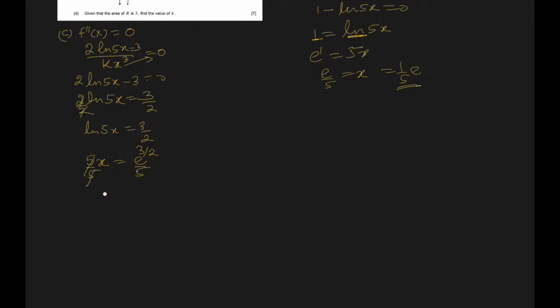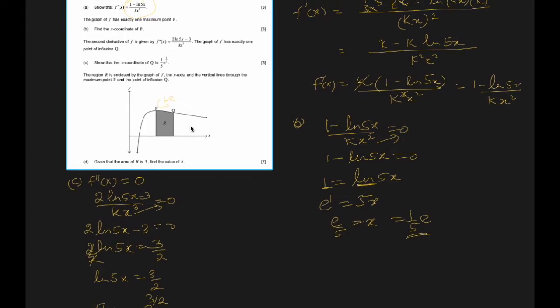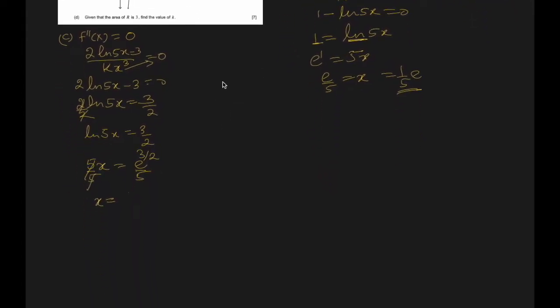So 5 and 5 cancel, x is equal to 1 over 5. What are they saying? 1 over 5 or divided by 5? Let's see. Yeah, 1 over 5 e to the power 3 over 2. This is what we will write now. So e to the power 3 over 2 and 1 over 5. In front of that, we have shown that. Okay. What next?